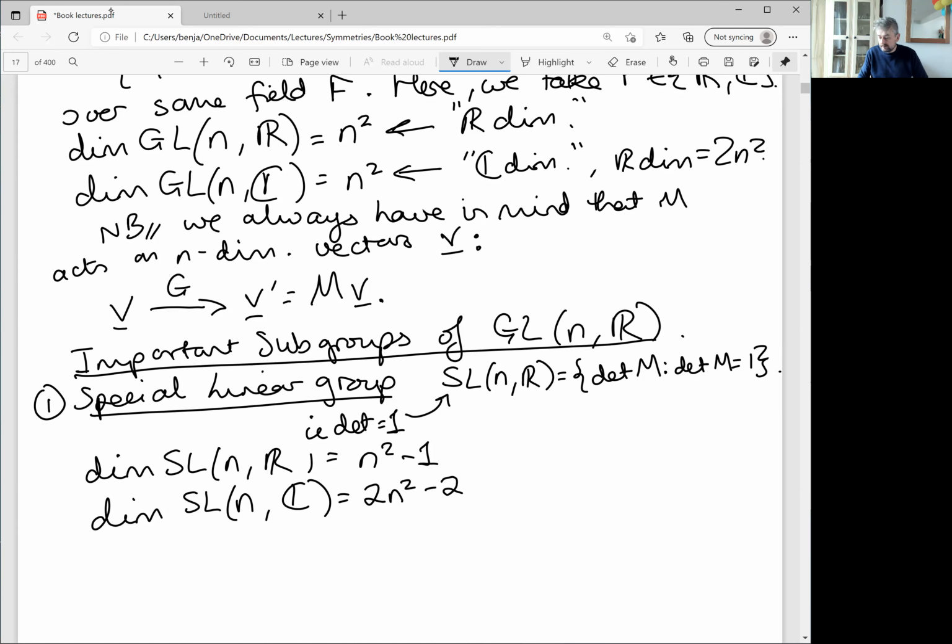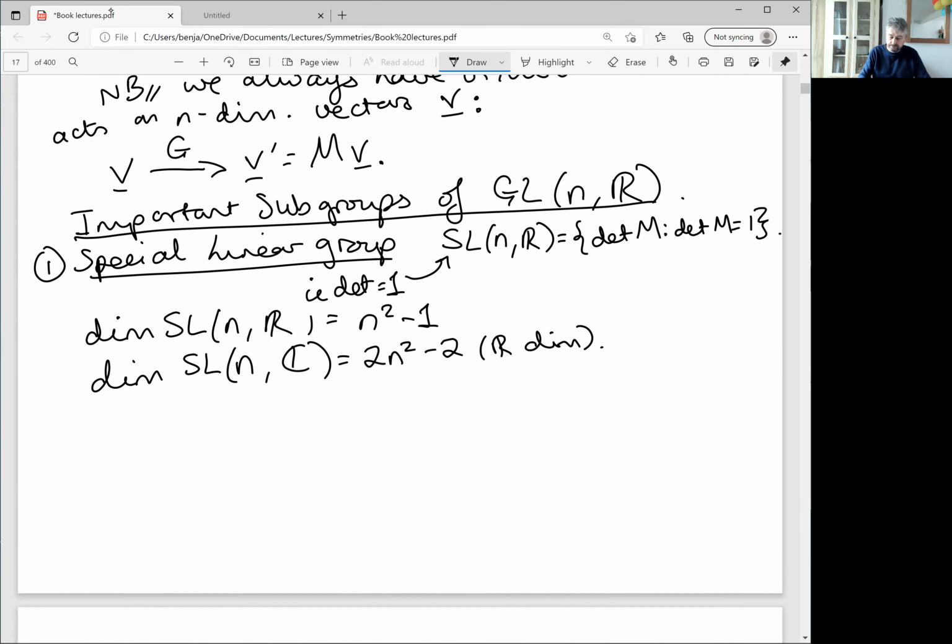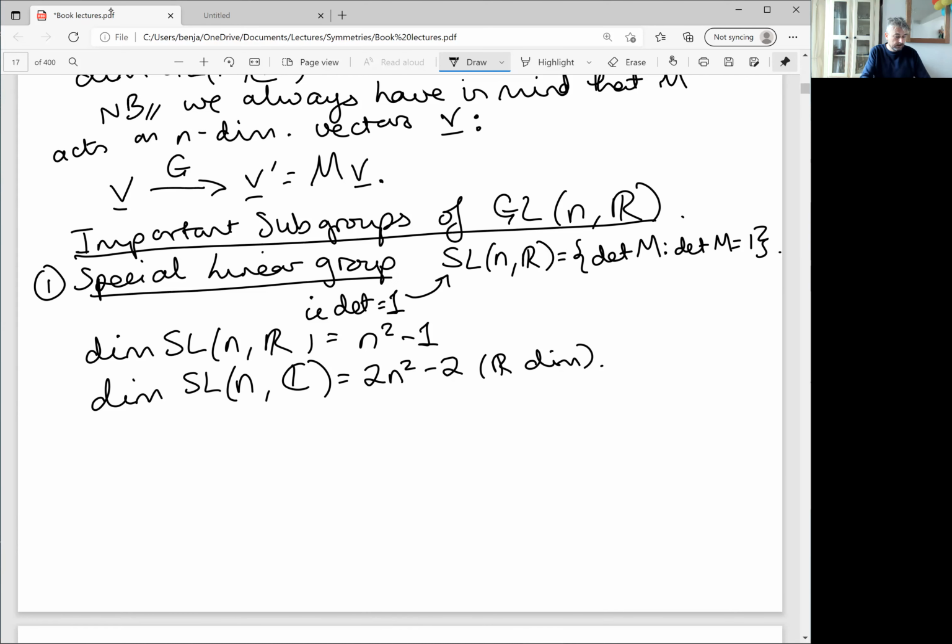Because when we've got complex numbers, determinant of m equal to 1 is really two constraints over the real parameters. So unless we specifically say complex dimension, whenever we quote dimension, usually we quote the real dimension.